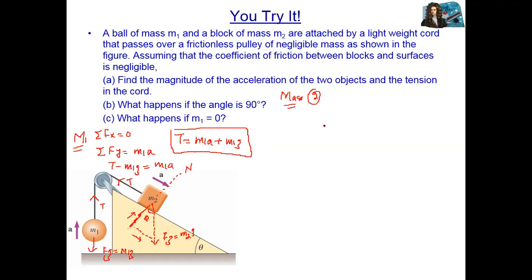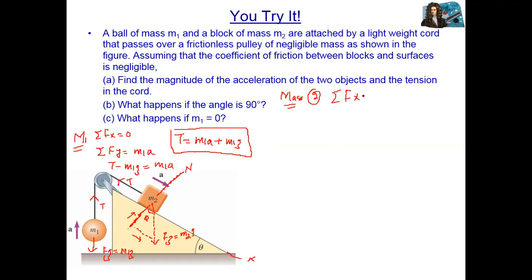So how many forces are there in this case? You can see this surface is the x-axis and this normal force is along the y-axis. So how many forces are along the x-axis?